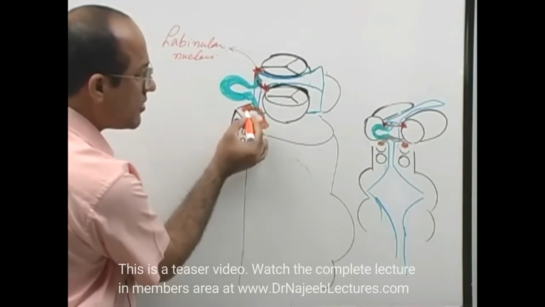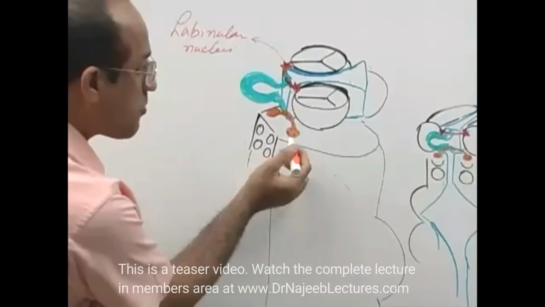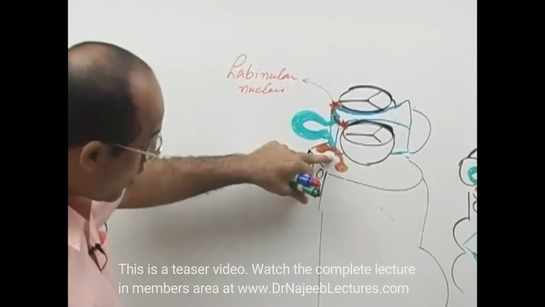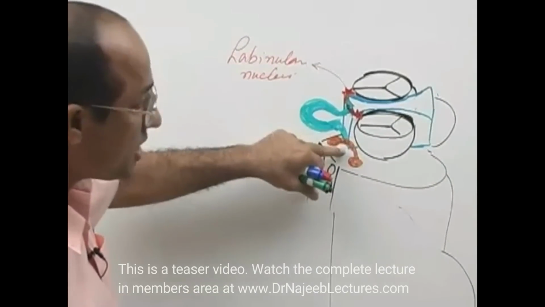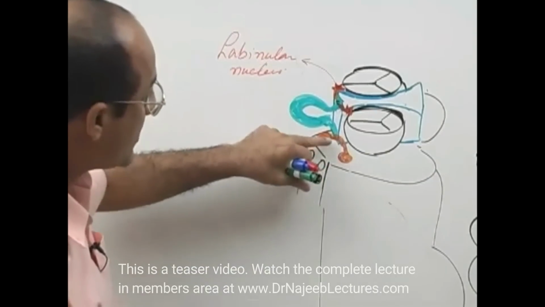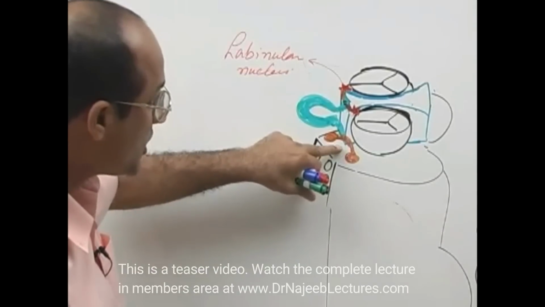These fibers are posterior commissure. They are crossing just in the lower part of stalk of pineal body. Rather they are even inferior to the pineal body. So this is posterior commissure.